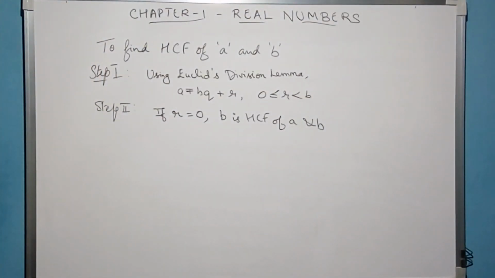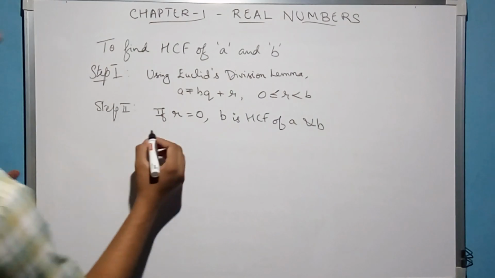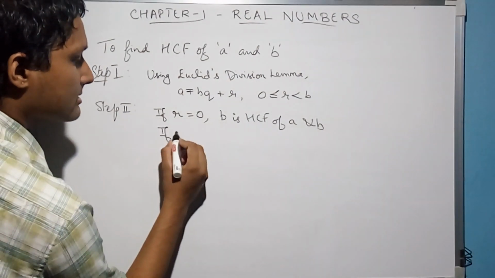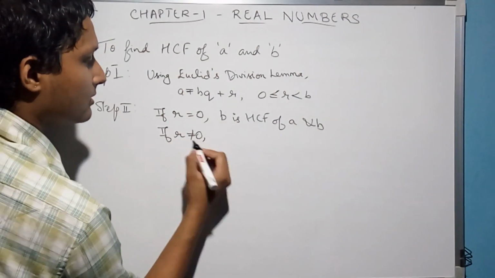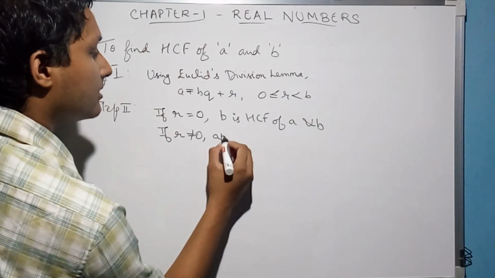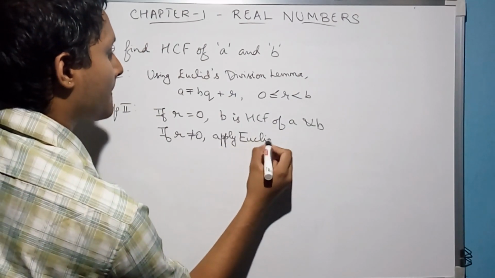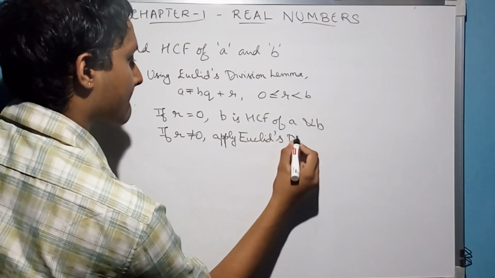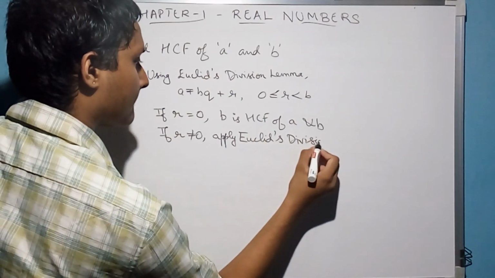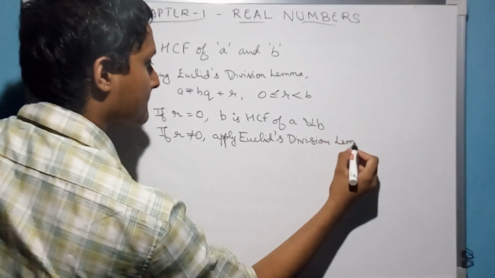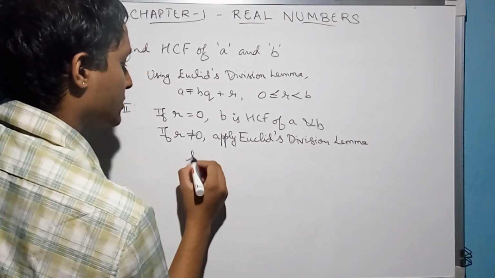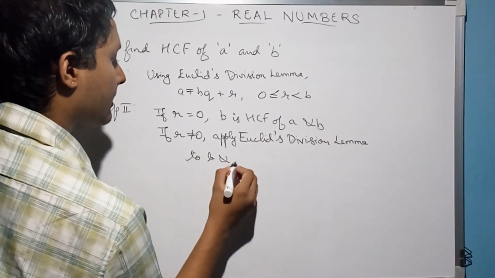That is the first case. In the second case, r is not equal to 0. If r is not equal to 0, then apply Euclid's division lemma to b and r.